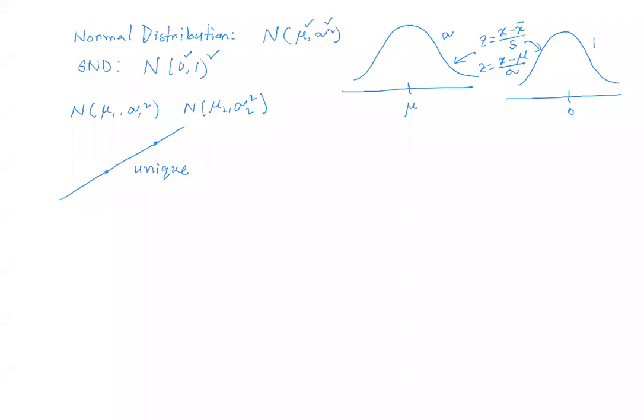In exactly the same way, if you have these two parameters, mean and variance, for a normal distribution, that uniquely identifies a normal distribution, the way two distinct points identify a unique straight line.